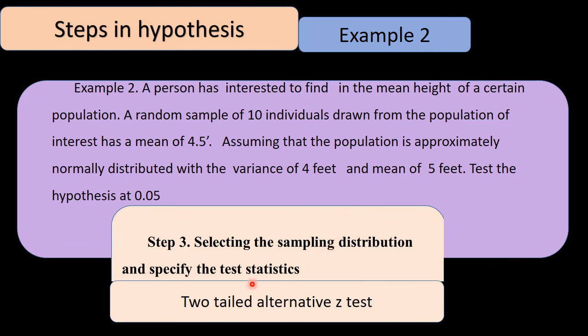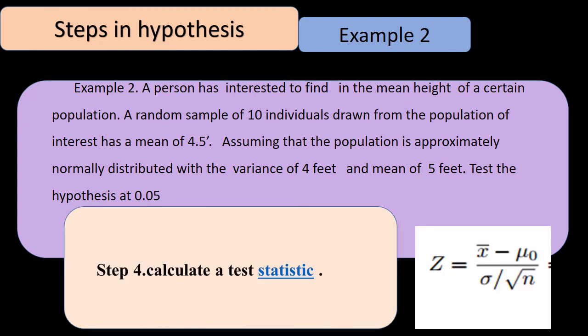Then we need to decide which test to do. Since we are setting the hypotheses as equal and not equal, that is a two-tailed alternative Z test. The next step is to calculate the test statistic. For that we need to use this equation.